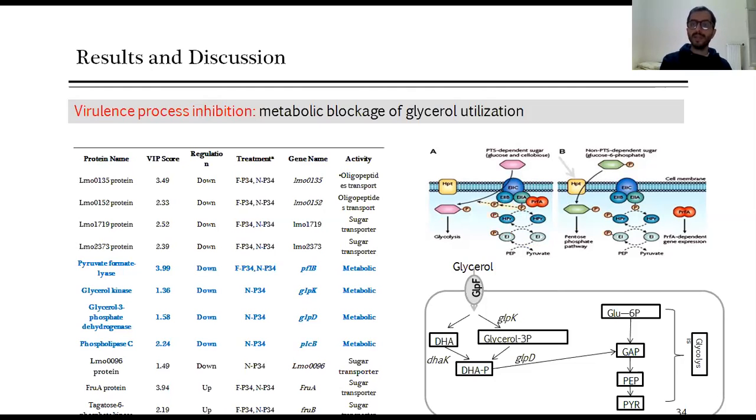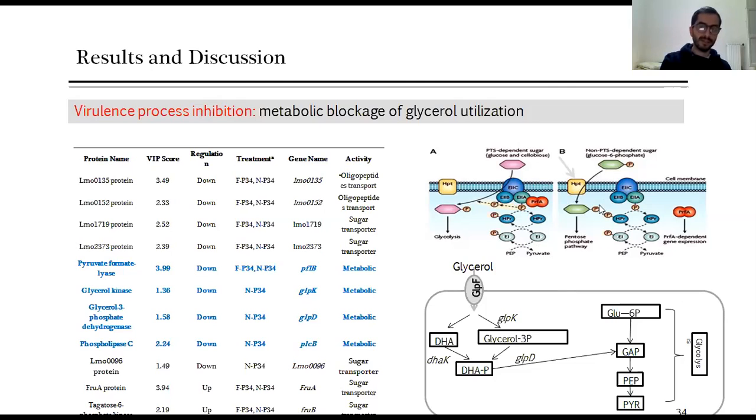When an alternative route is used, such as glycerol, for carbon source uptake, PrfA is released and works on virulence protein translation.